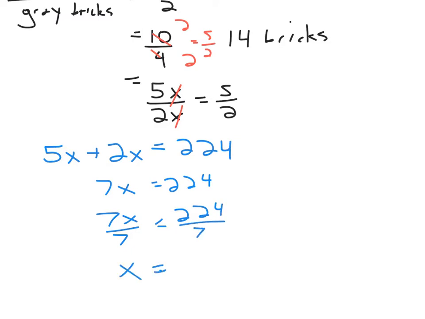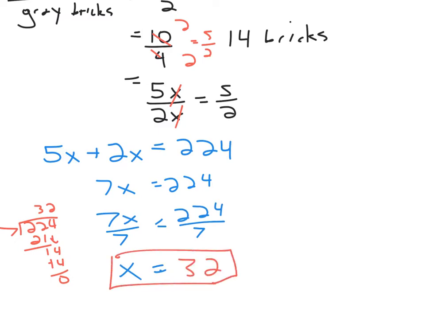And you find the value of x, and doing that math, we can do it over here on the side, is 32. Now, fun fact, that's not actually a number of bricks.